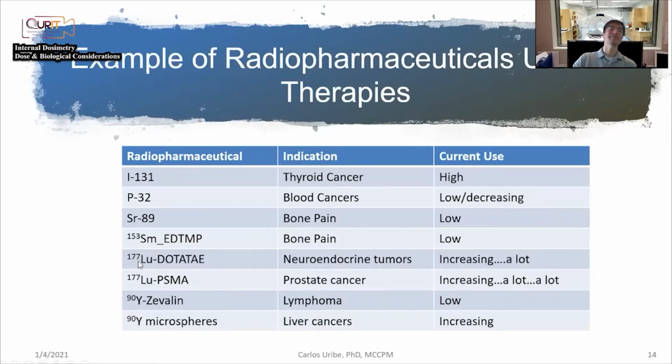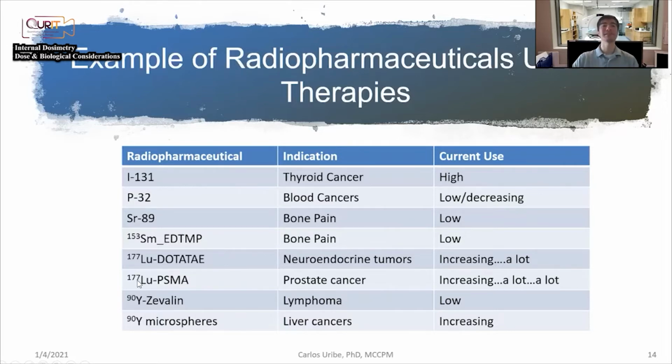Now we have, for example, lutetium-177 dotatate. We use this to treat neuroendocrine tumors. It is a radiopharmaceutical that has recently received FDA approval and is now marketed as Lutathera, and now it's becoming very popular, so its use is increasing a lot.